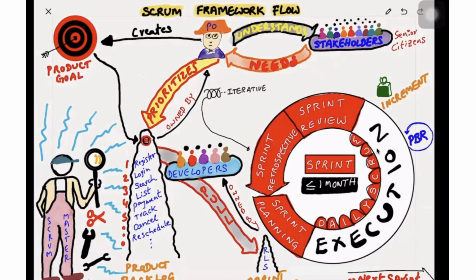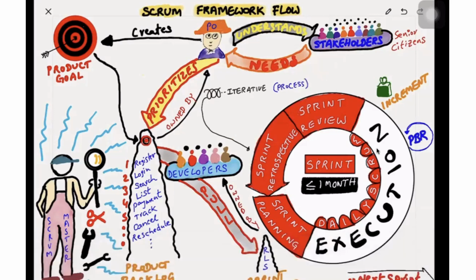That means you take a small amount of time, fixed unit of time called sprint. Within that, doing the planning, daily Scrum, review, retrospective, again, taking the same time box and doing the planning, daily Scrum, review, retrospective, which will improve the process. Because you're doing the same thing again and again, it will help you to improve the process.